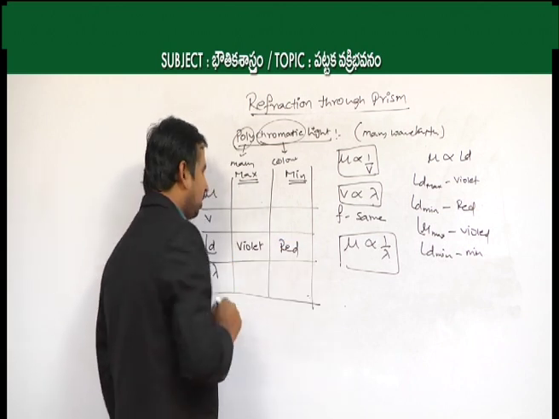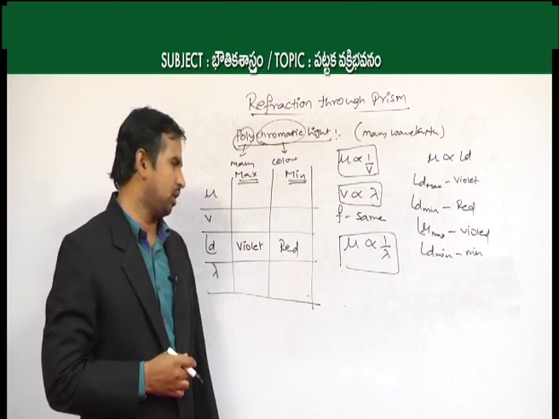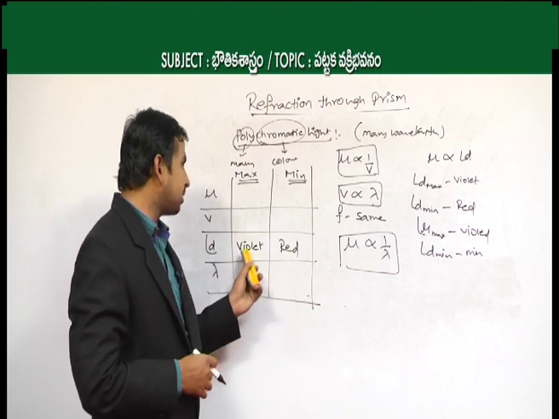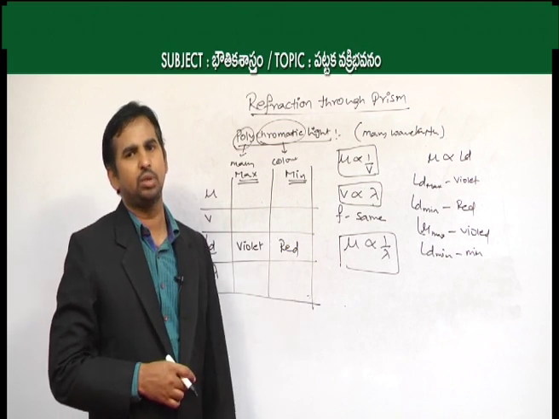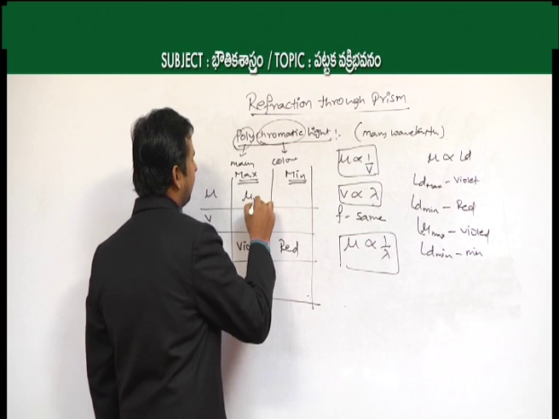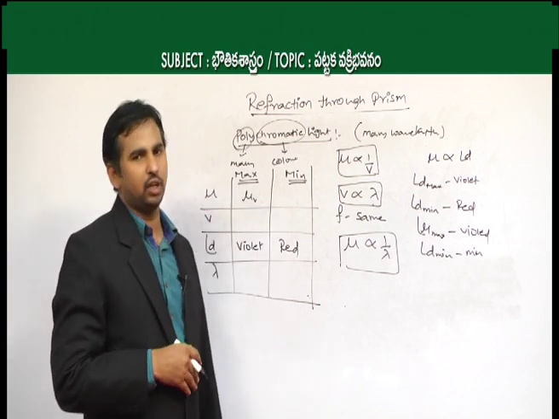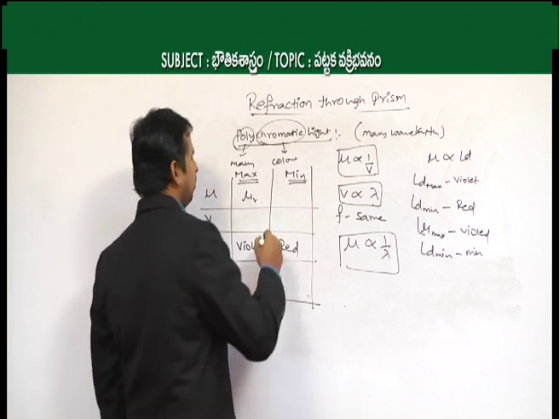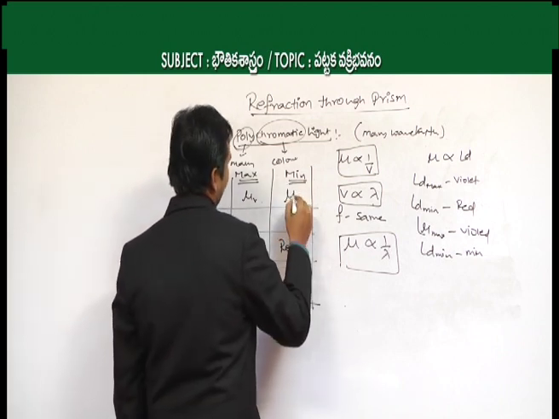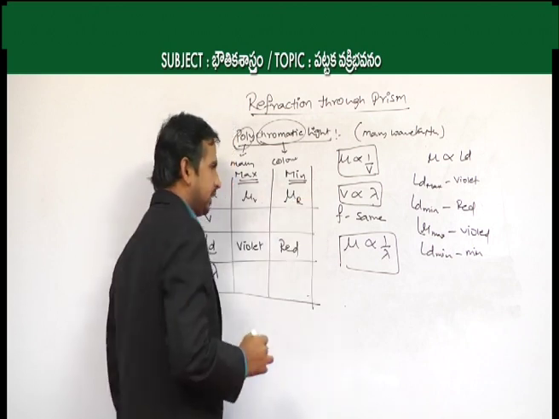We know that mu is directly proportional to the angle of deviation. So as violet has the maximum deviation, the refractive index of violet is also more, whereas red has a minimum refractive index in that medium, so the mu value is minimum for red.